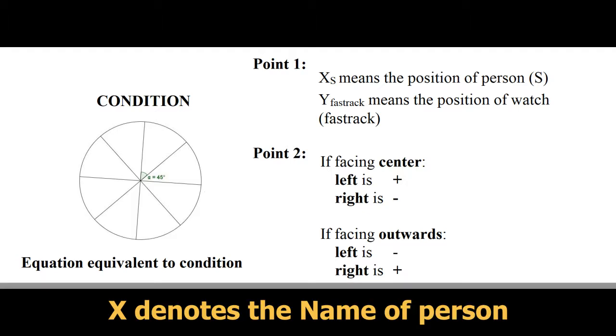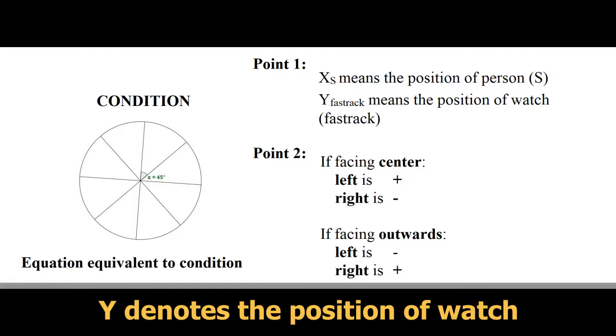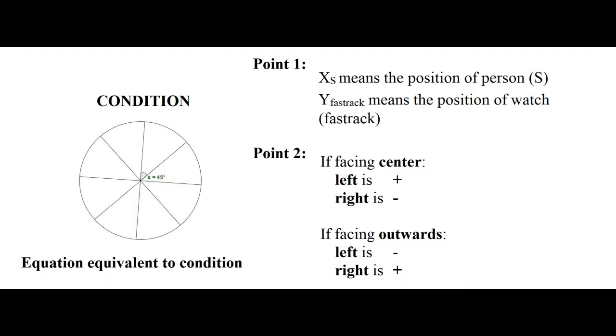That means if I want to denote the position of person S, then I will write it as X with subscript S. Similarly, I'll be using capital Y to represent the position of any watch, and in the subscript the name of the watch will be given. For example, if I'm talking about the position of Fast Track, then there will be capital Y and in subscript there will be Fast Track.